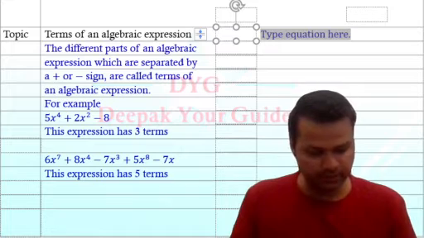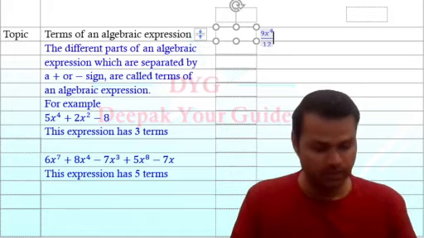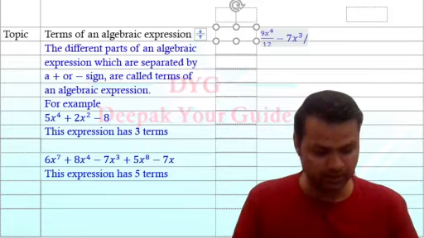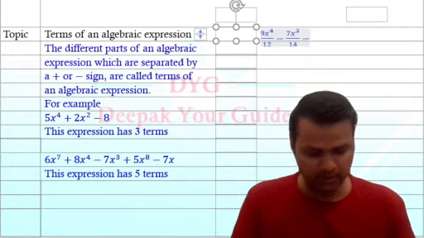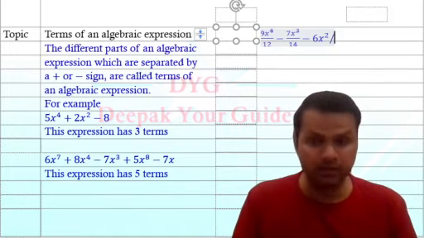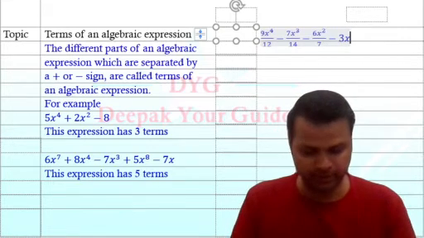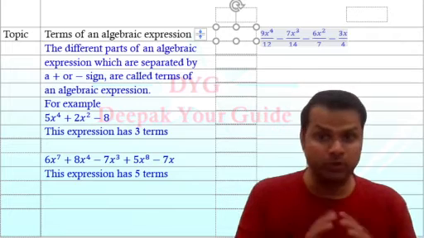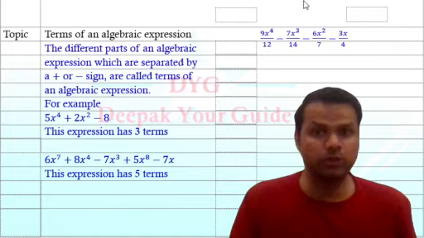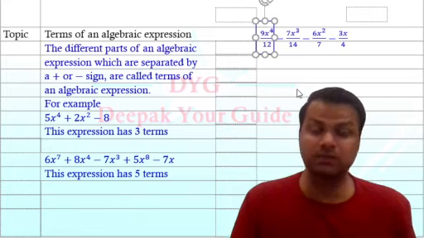So let's say if I write here minus x to the power 4 divided by 12, minus 7x to the power 3 divided by 14, minus 6x to the power 2 divided by 7, minus 3x divided by 4. So we have terms which have the division sign here, but we need to stick to our concept. That means each of these will be considered as one term.